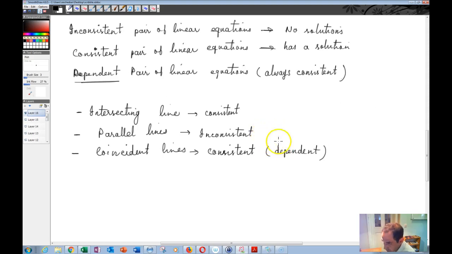So you can even use the word dependent alone, because dependent automatically implies consistency.